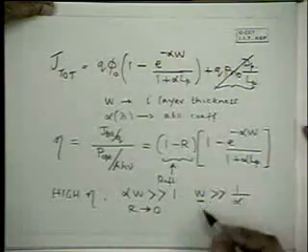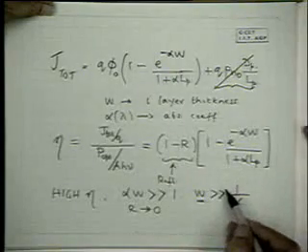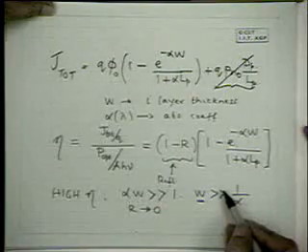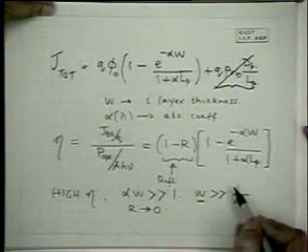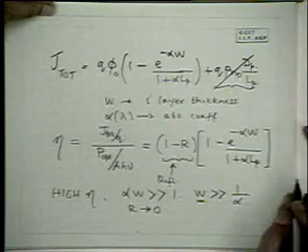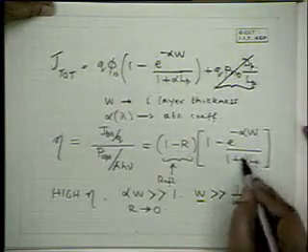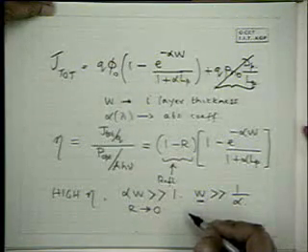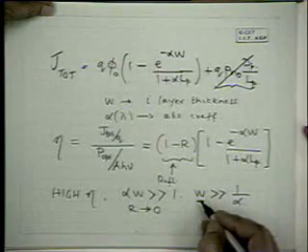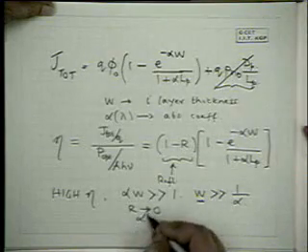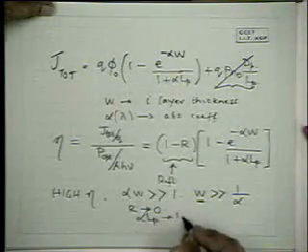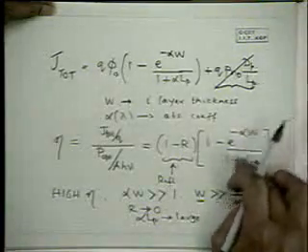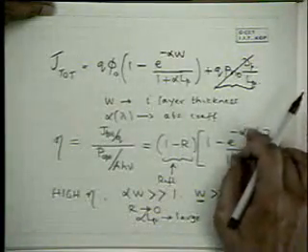And if you look at the denominator, we want alpha to be large, and alpha LP should be relatively large, so that this minus term is also small.